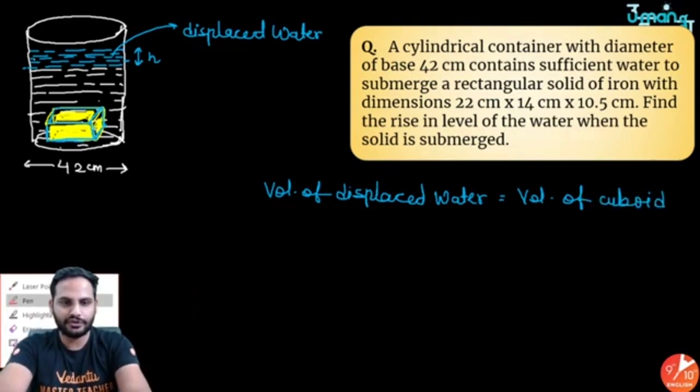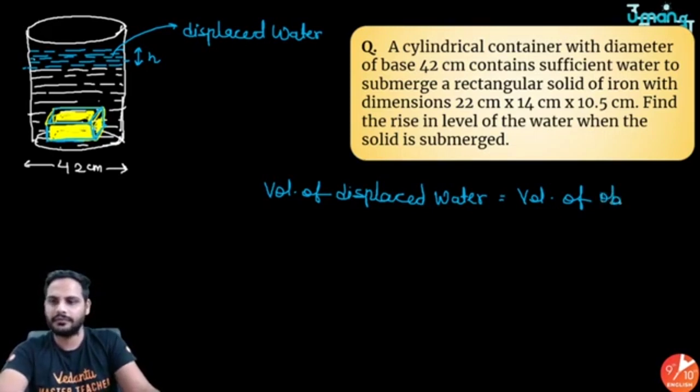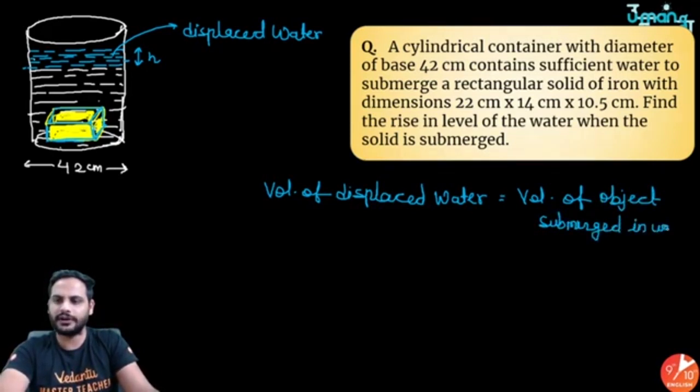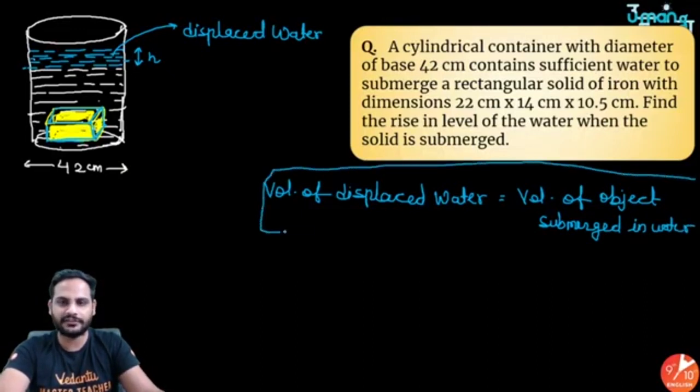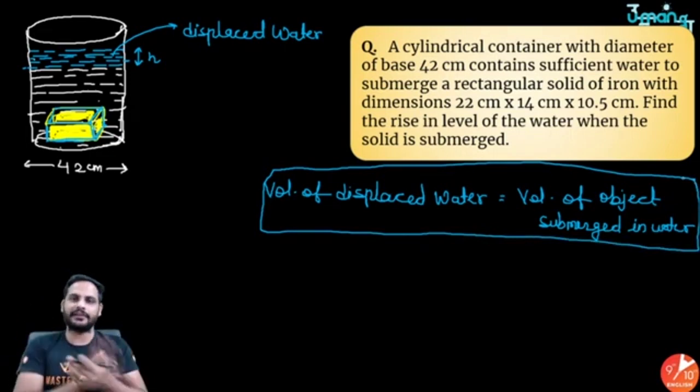For this question it is a cuboid, but you can remember: volume of object submerged in the water. If you understand this, then these kind of questions which might scare other students, you will never be afraid of these again.